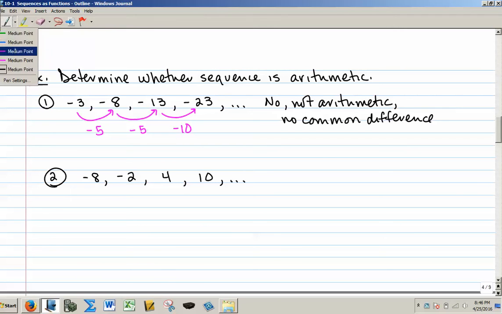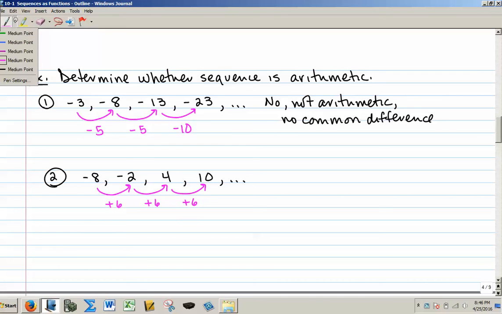Let's take a look at our second example here. -8, -2, 4, and 10. When I go from -8 to -2, I'm adding 6. From -2 to 4, I'm adding 6. And from 4 to 10, I'm adding 6.